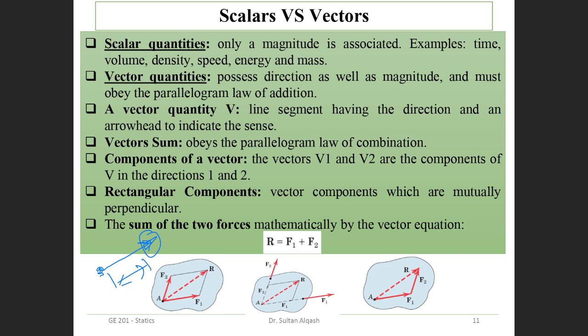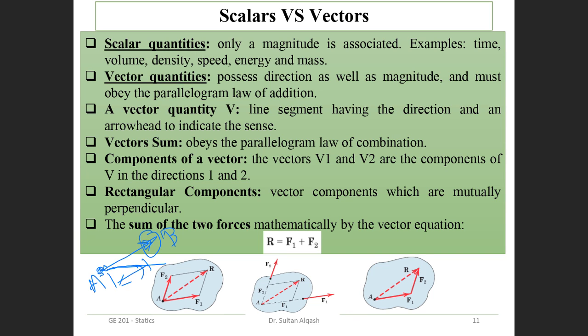If you are representing a displacement, for example, this particle A moving from A to B, I can represent it with this vector. This is the magnitude, and here is the direction, right?